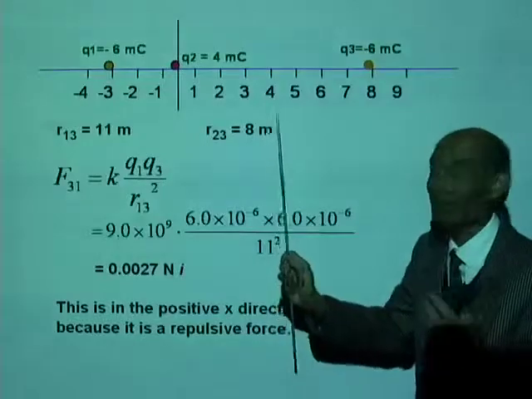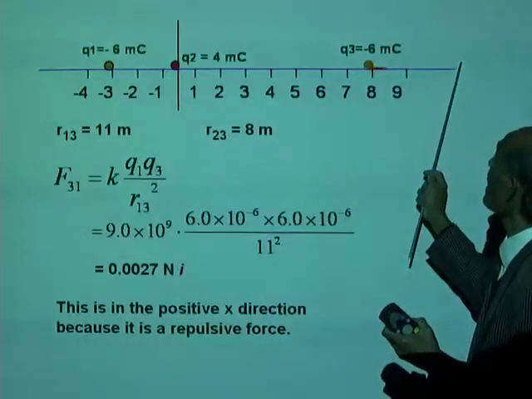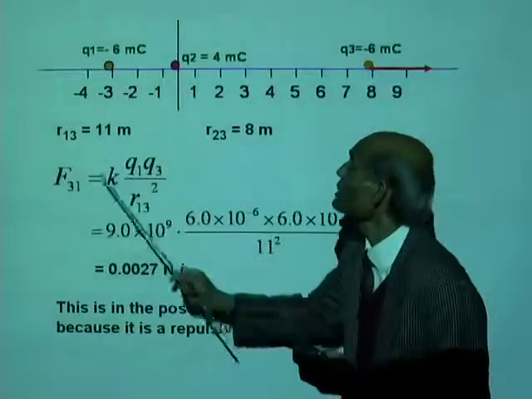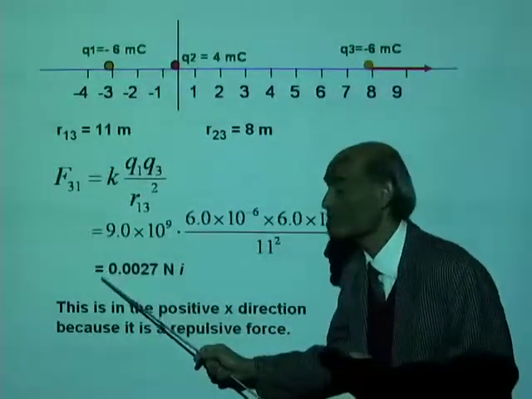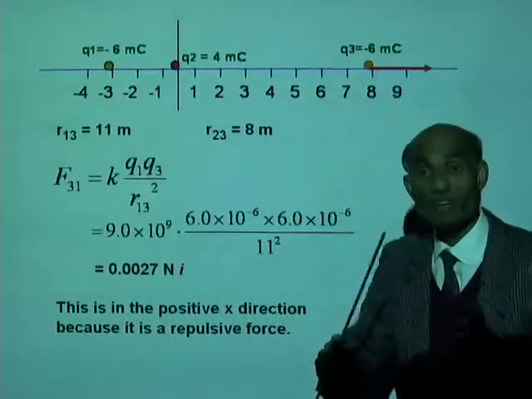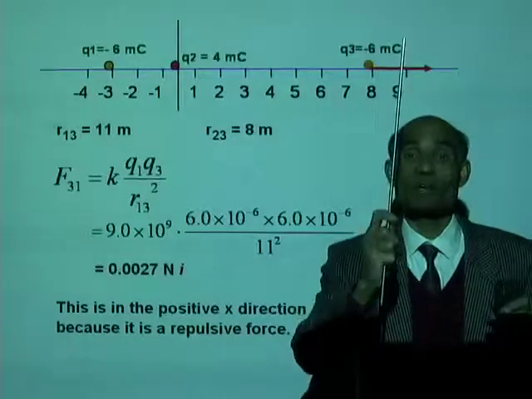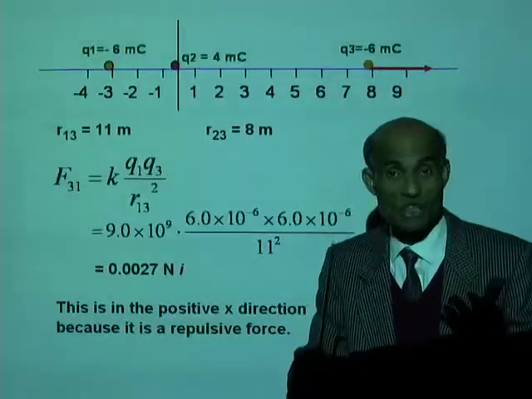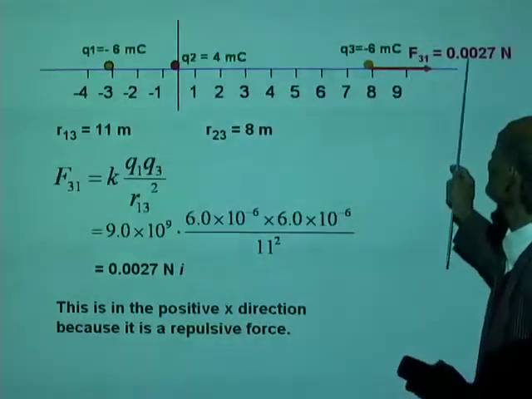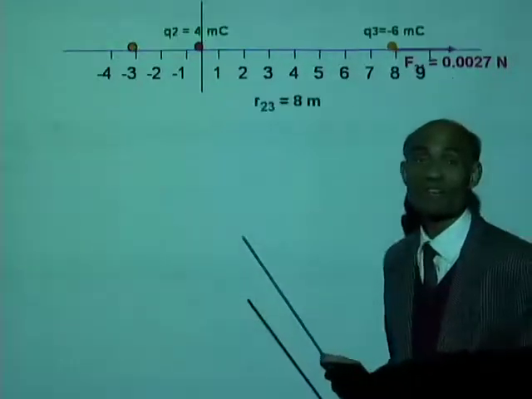It is a repulsive force. So Q1 will repel Q3, which direction? In the positive x direction. So the force on Q3 by Q1 is a positive x force, 0.0027 Newton I. You see, x vectors are represented by using the unit vector I. Y vectors are represented by using the unit vector J. I suppose you know that from physics 1. Alright, so F31 is 0.0027 Newton in the positive x direction.